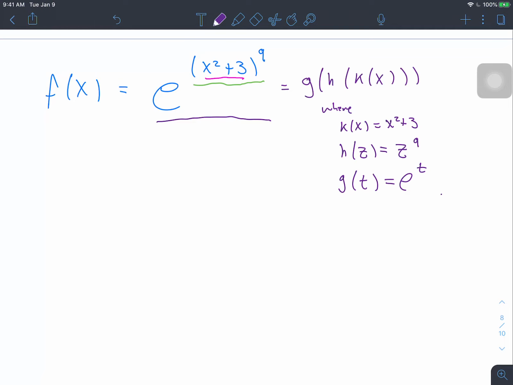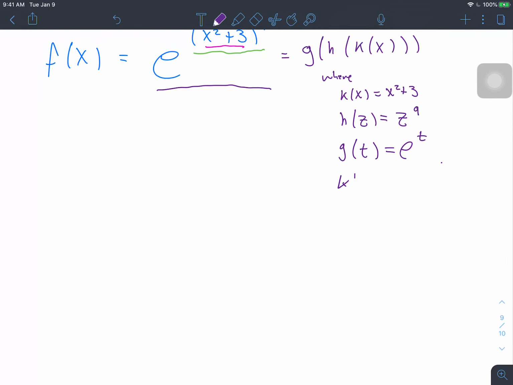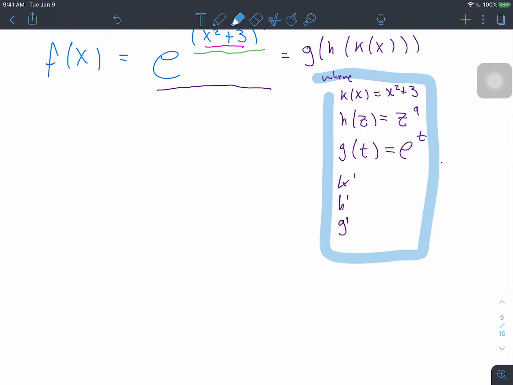So, I'm going to show you real quick how this would work if we wanted to really compute k prime, h prime, and g prime, and all of those are going to be in our blue box. And then I'll tell you that the derivative of g of h of k of x is the same thing that we usually do.